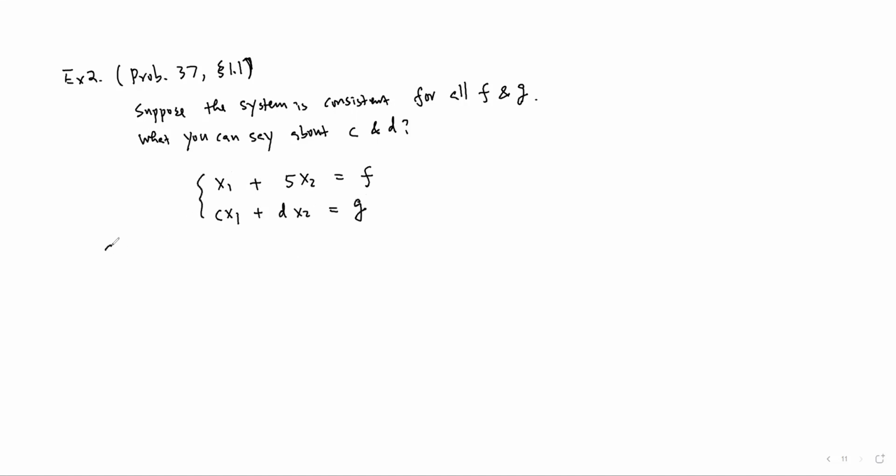This linear system has a solution for arbitrary right hand side. Then what can you say about c and d? Solve the linear system. Okay, augmented matrix.